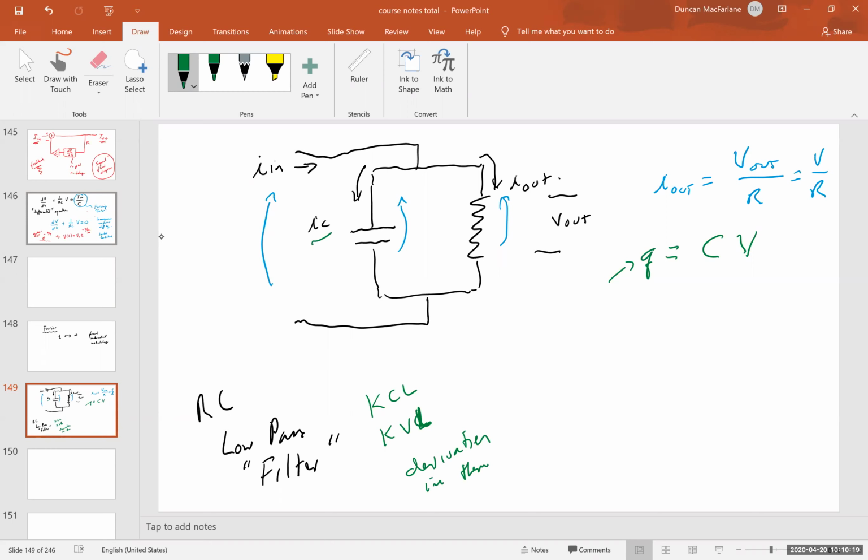That's just a simple fact of the algebra and applying the physical law. But unfortunately, that means we have something called a differential equation.